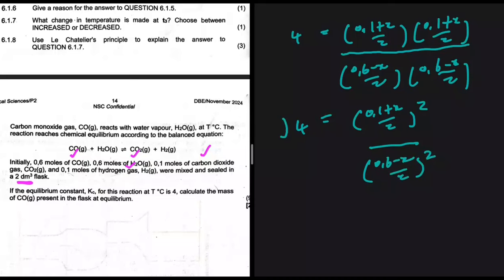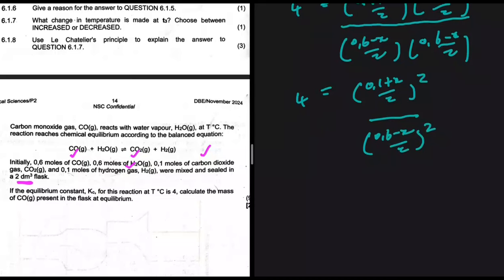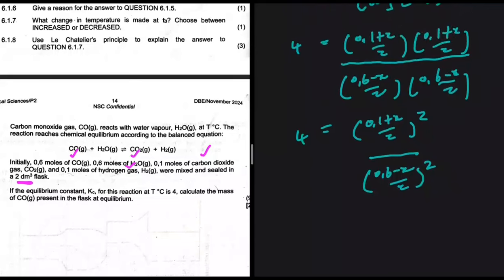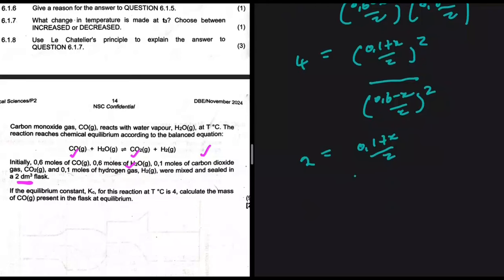We can take square roots on both sides. I'm not going to write it down, but hopefully you can see the consequence of taking square roots on both sides here. We will have 2 is equal to 0.1 plus x over 2, right? Everything divided by 0.6 minus x over 2.